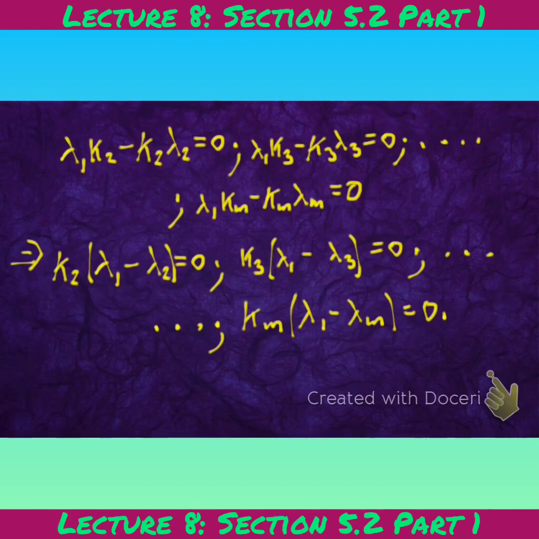So the only way that those equations hold is pretty much if K2 is equal to K3, is equal to, right up until the end, they all have to be 0.